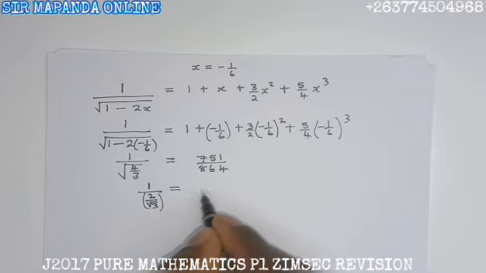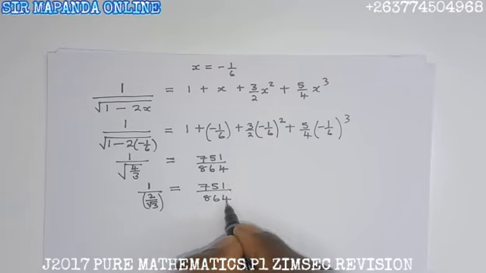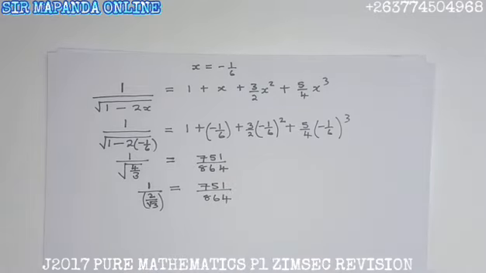Then you equate this with 751 over 864. So 1 divided by 2 over root 3 is the reciprocal of the denominator, so you are writing root 3 over 2 is equal to 751 over 864.